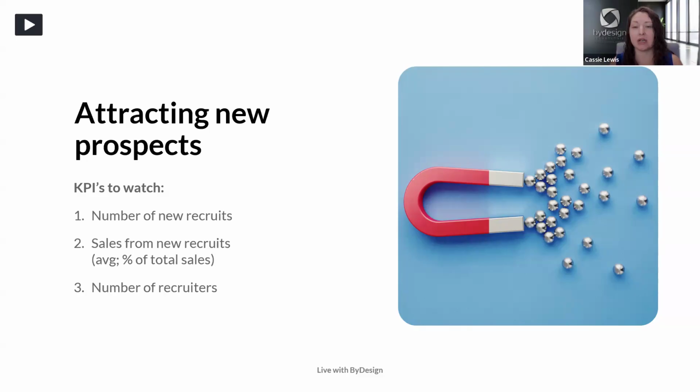Look at your training materials. Look at the ease of use for your tools. These are all things that can contribute to your recruiting pool decreasing over time. So those are the three KPIs I would highly recommend that you start measuring when it comes to attracting new prospects.